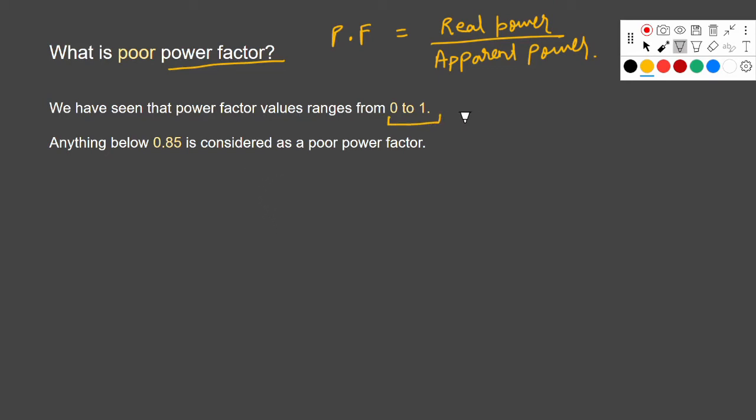So what is considered a bad power factor? Anything below 0.85 is considered to be a poor power factor, meaning poor efficiency. You can think like this, that it is a poor efficient system, whose power factor is below 0.85.